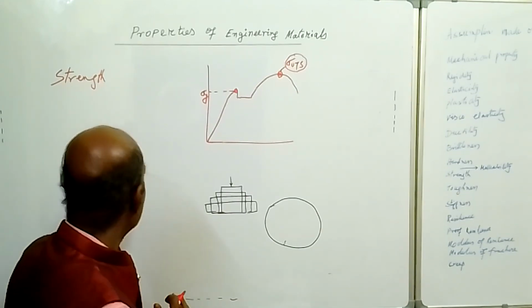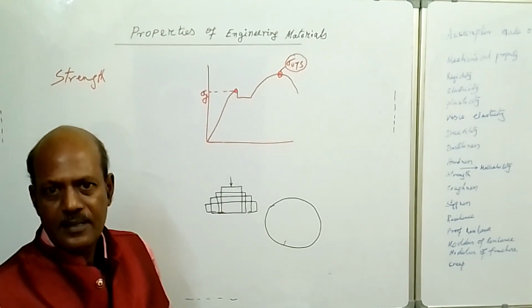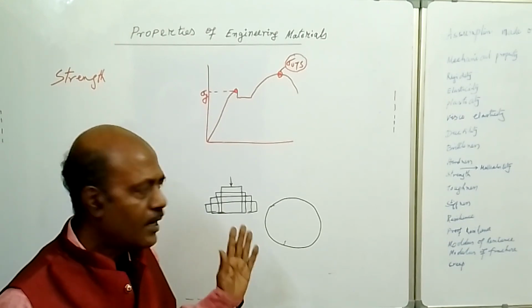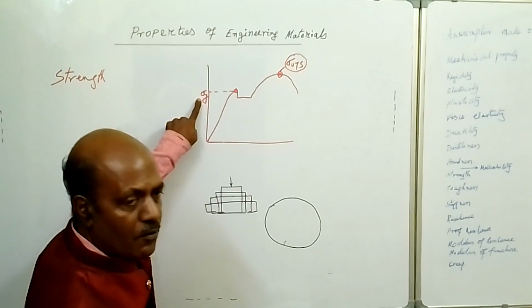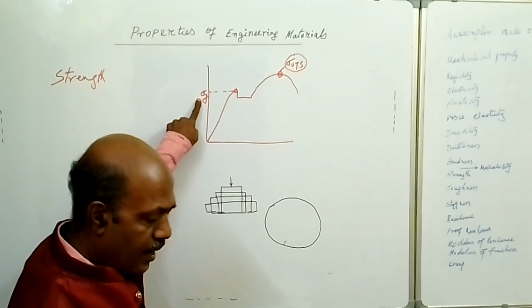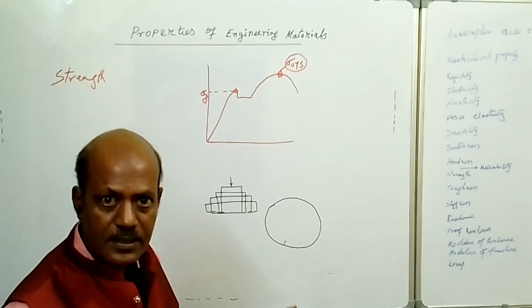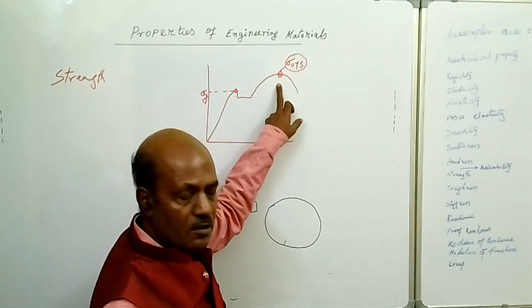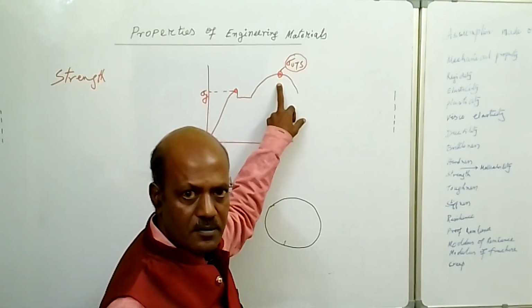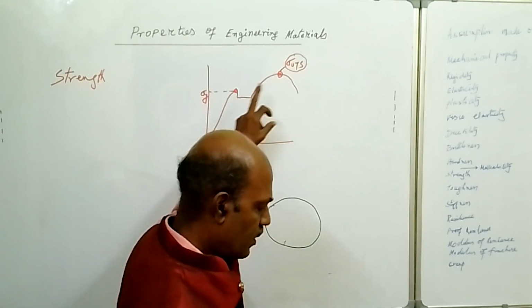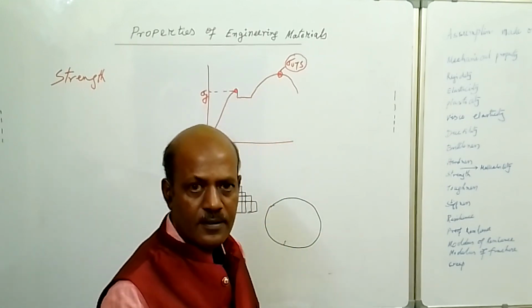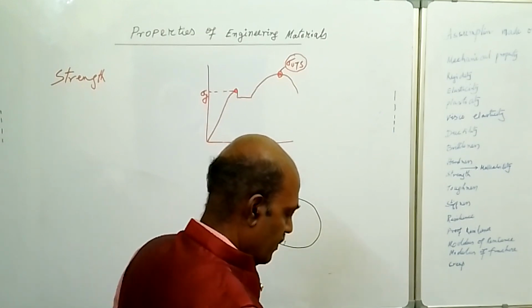As far as mechanical engineering is concerned, the body has failed. That's why sigma Y is considered the strength of the body. But the actual strength of the body is sigma UTS, and this is expressed in stress terms.